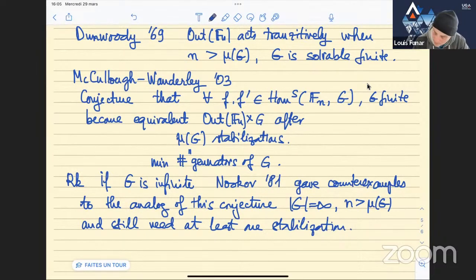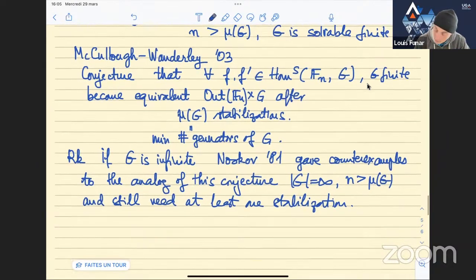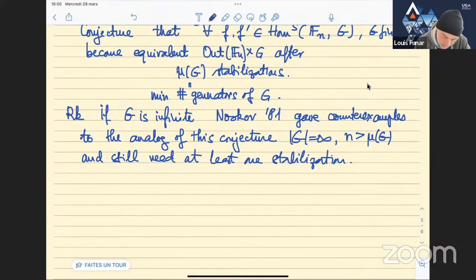So the extension of that conjecture to the infinite case cannot be true. That's something which belongs to the realm of finite groups.